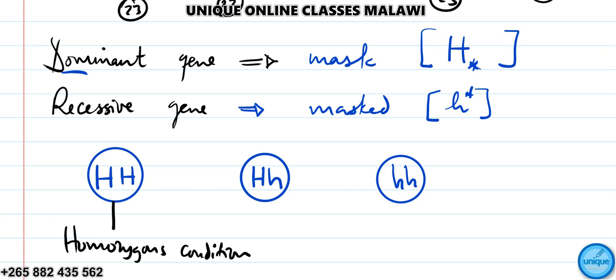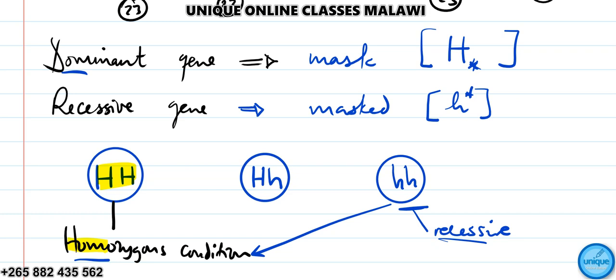So homo means the same, right? You can see a pair of similar genes controlling a character, so we have a homozygous condition. Similarly, this one is also a homozygous condition, because it is a combination of recessive genes, so it is homozygous recessive. The other is homozygous dominant because it is a combination of two similar dominant genes.